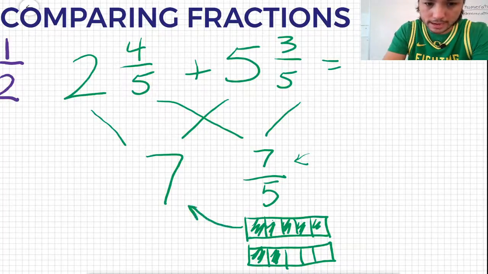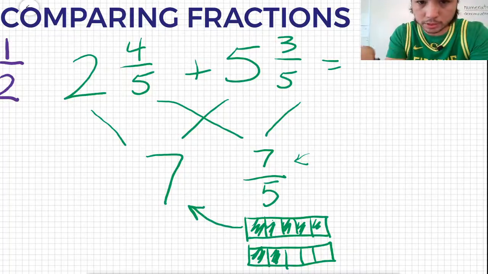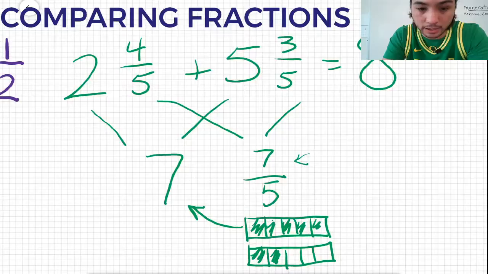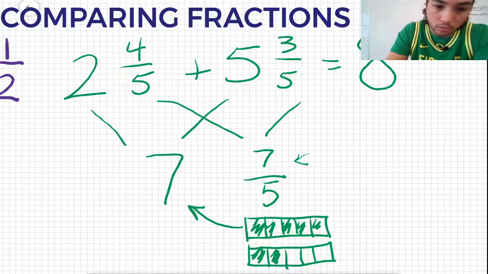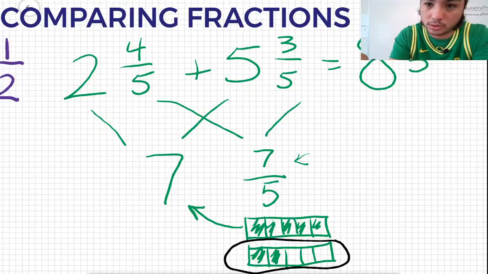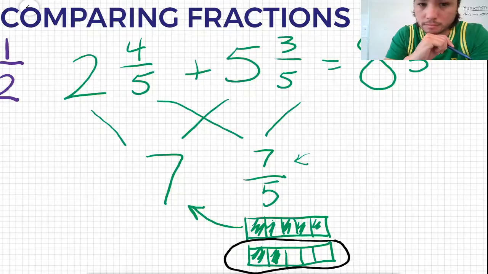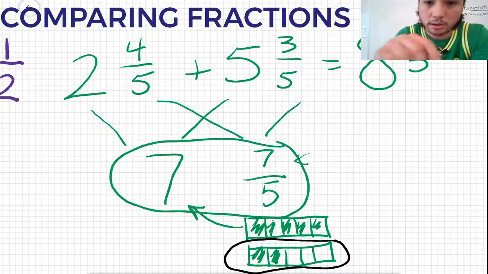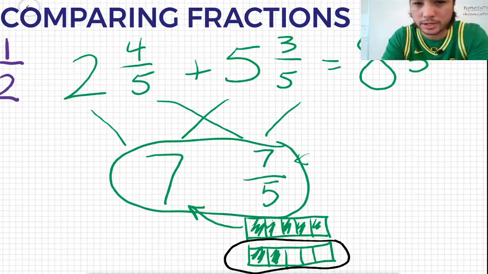So let's add that whole to our 7. 7 plus 1 is 8. Just like we would carry over a group of 10 ones into one 10, right? And then what's our fraction left over? We have 2/5 left over. So we end up with 8 and 2/5. Okay? 7 and 7/5, mathematically accurate, but 8 and 2/5 is just a little neater.